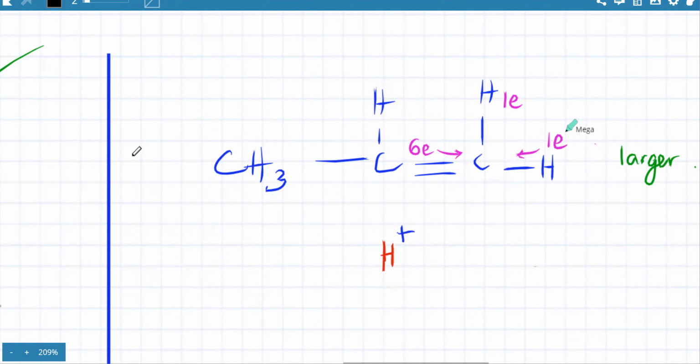Previously, this carbon over here did not have a positive charge. Why did it get a positive charge? Because there was an H plus one coming around, and it pulled the electrons from that carbon, and the carbon got a very large positive charge.